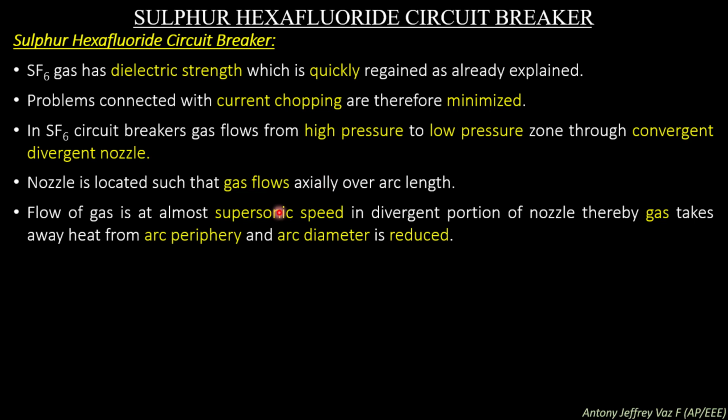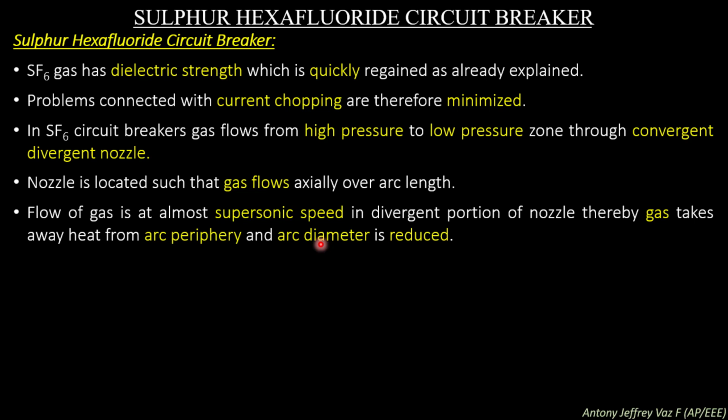The flow of gas is almost at supersonic speed in the divergent portion of the nozzle. Thereby, the gas takes away heat from the arc periphery and the arc diameter is reduced.